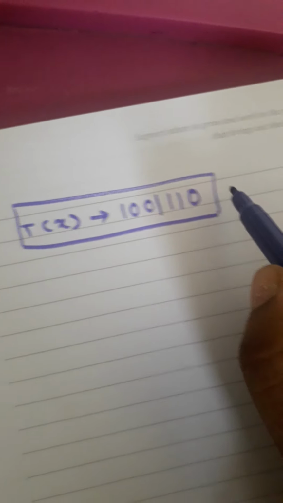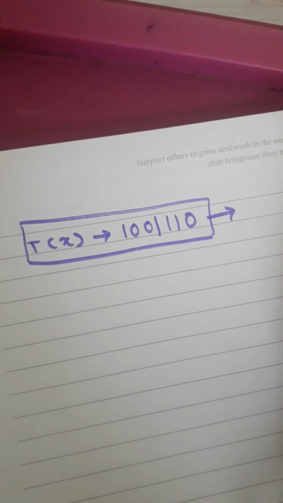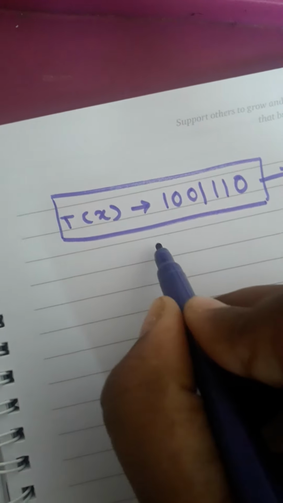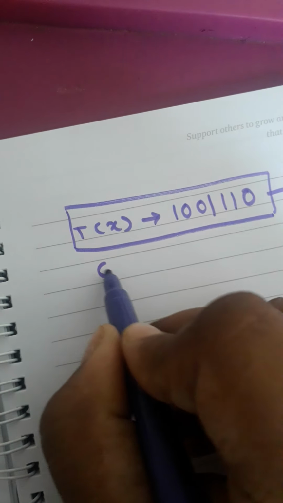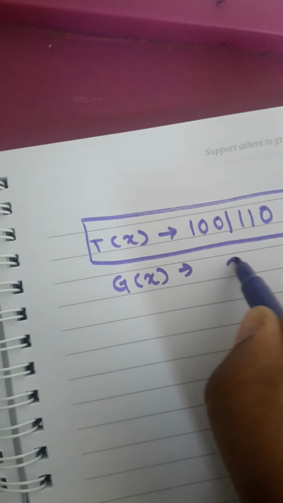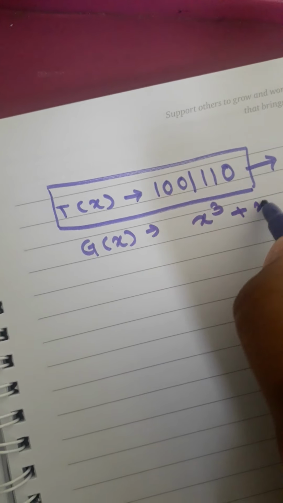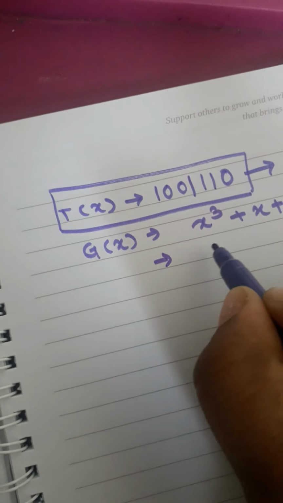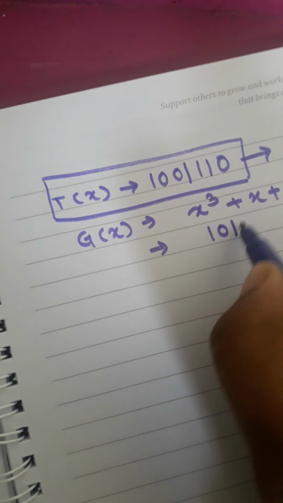How is the receiver going to identify that yes, I have received the correct data? Suppose without any noise, the receiver has received this one. The receiver will also have the generator polynomial x cube plus x plus 1, that is 1011.